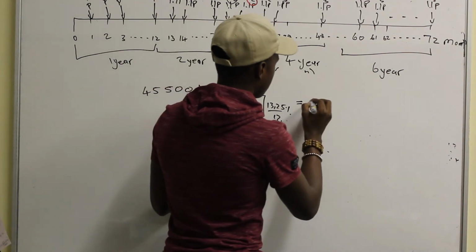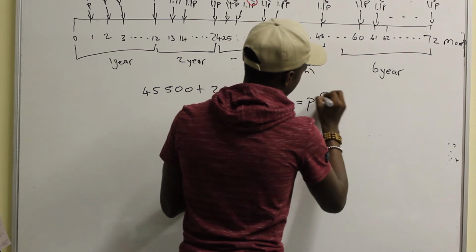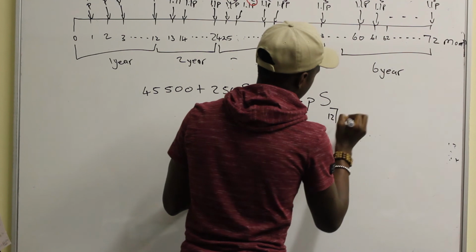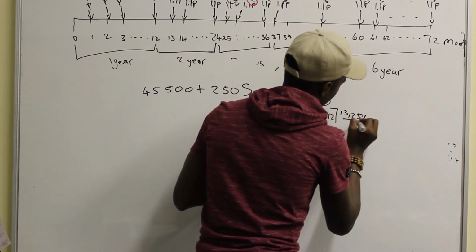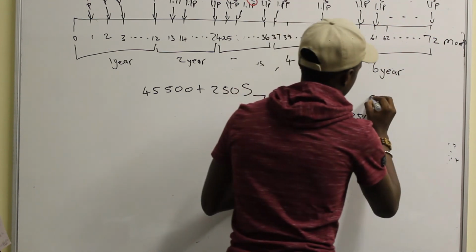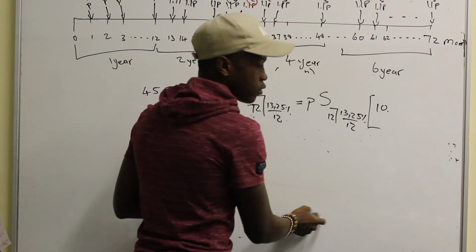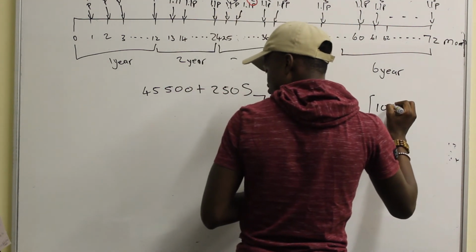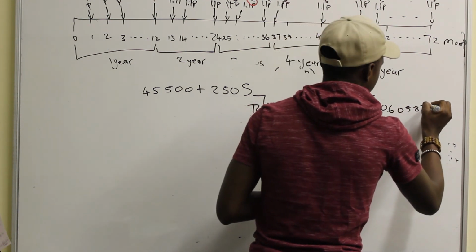So it was P as 12 with the interest of 13.25 divided by 12, and then the 10.605878.